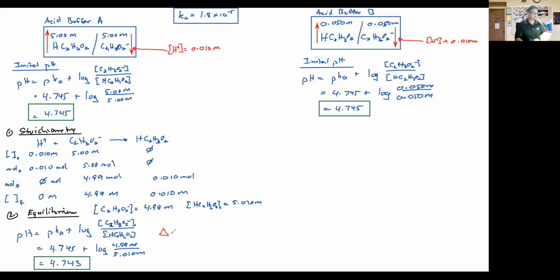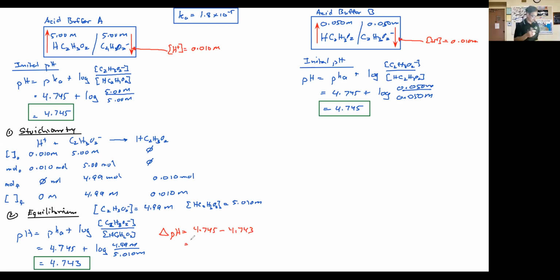We're going to take initial minus final. So we have 4.745 minus 4.743. Let me go ahead and plug that in really quickly, and let's compare this.